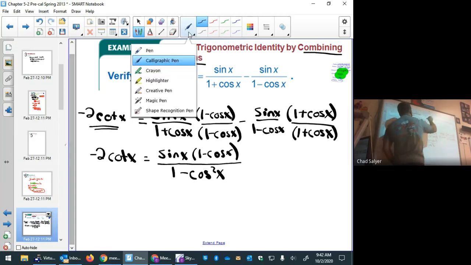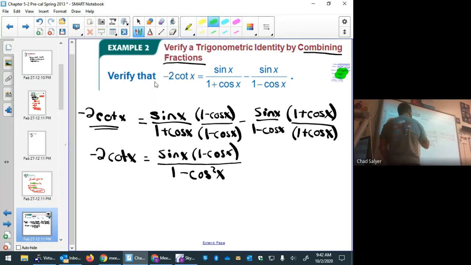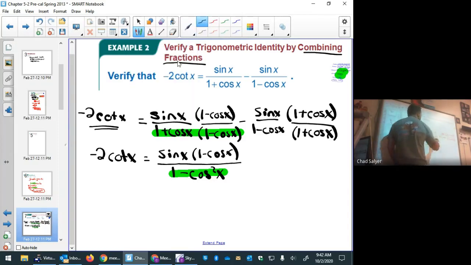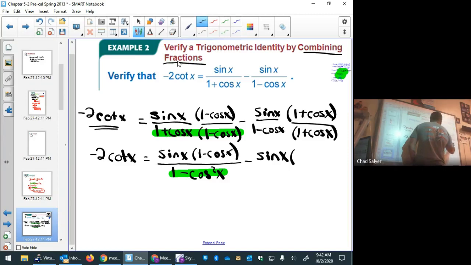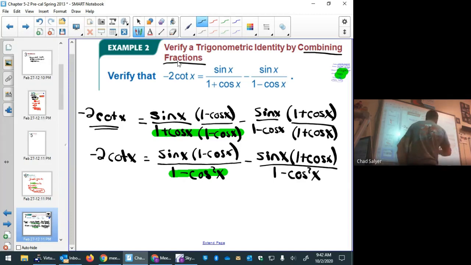So what I'm doing there is, this is a difference of squares. See how it becomes 1 minus cosine squared x when I multiply those together. And then over here on the rightmost term, I get this.